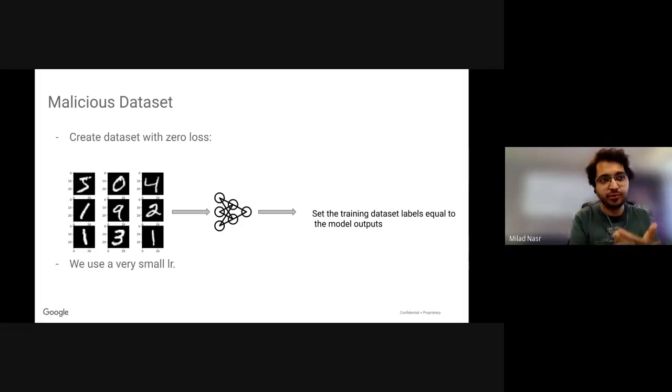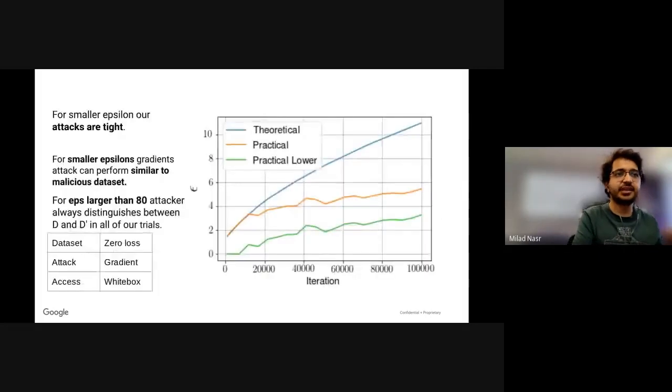When we combine that with our gradient attack, we actually remove all of the unintended noise from the input data set, and we get an attack very close to the DP-SGD bound. If we look at this graph, we can see that for a very small epsilon, the attack gives just the same values as DP-SGD predicts.